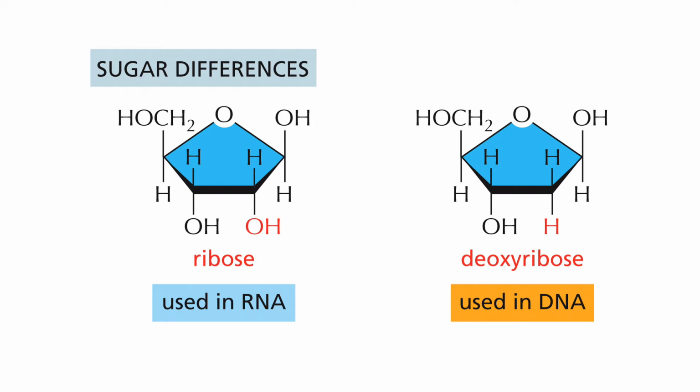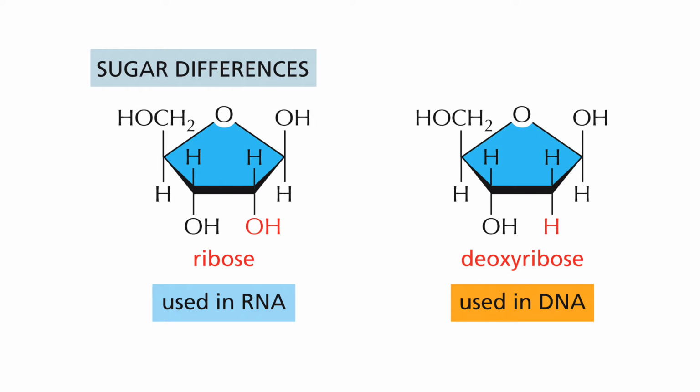If you look at the sugar that's in RNA, quite similar. Looks basically the same. The only difference is that on the number 2 carbon, there's an OH. So this is ribose. And it turns out that number 2, we call it 2'. So 1', 2', 3'. The 2' hydroxyl, which is that OH, completely changes the properties of the nucleic acid. It makes it reactive, and we'll look at that a little bit.